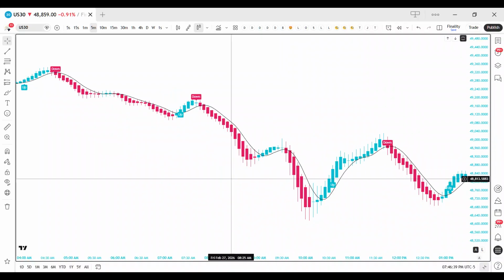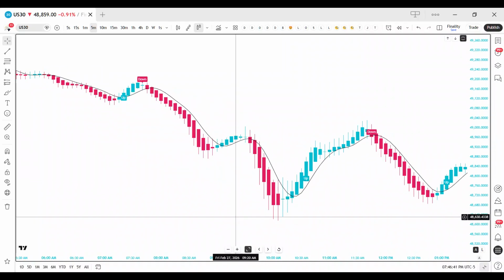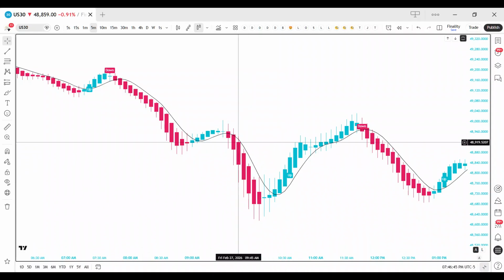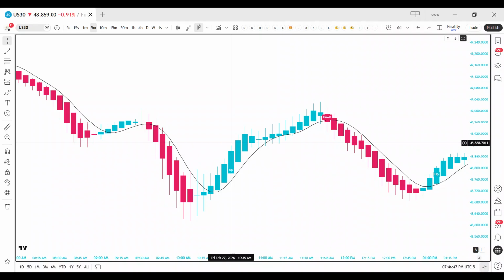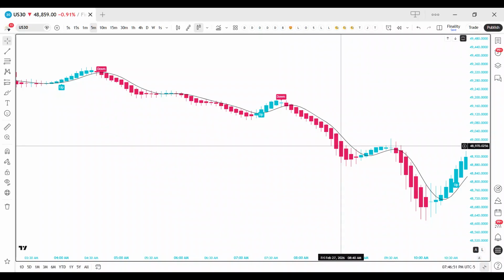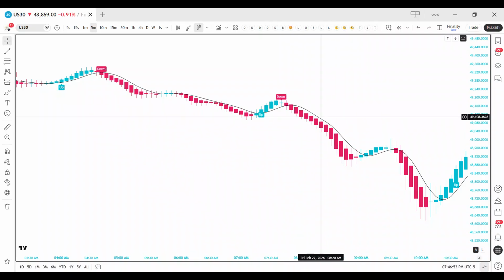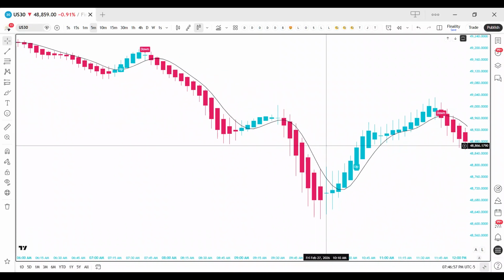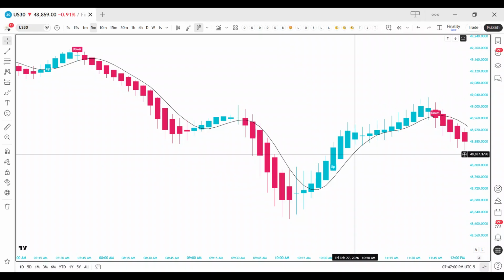Okay. Next, let's talk about these. These are average candles. These are fan candles. So what we're going to do here is when you see these come out cleanly, this is clean right here. That's a clean push. There's no wicks on the top of that. And this is a clean push as well on the other side.